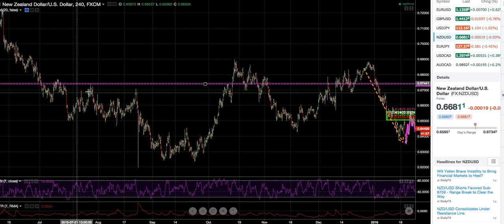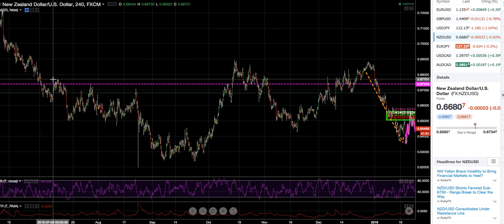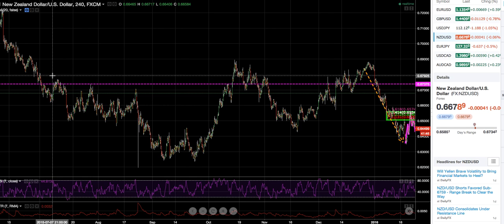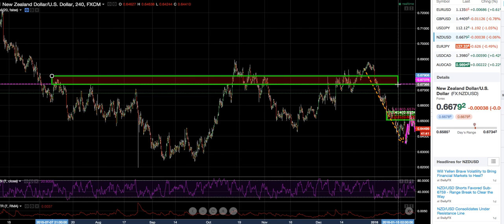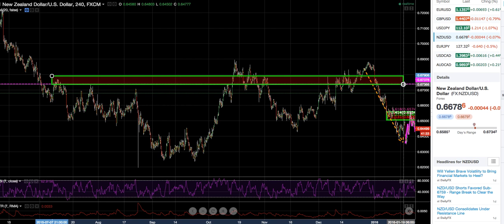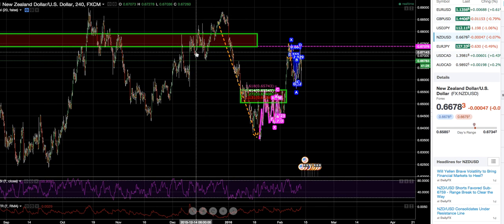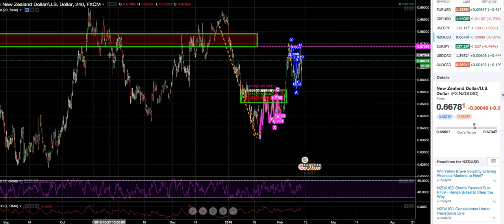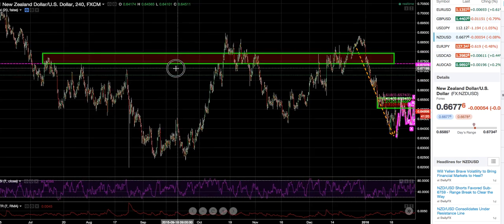So an interesting level could be, and I would like to draw in a box like so, something like this. We obviously do have some false breakouts right here outside. That's okay. I do believe we have the important levels inside.